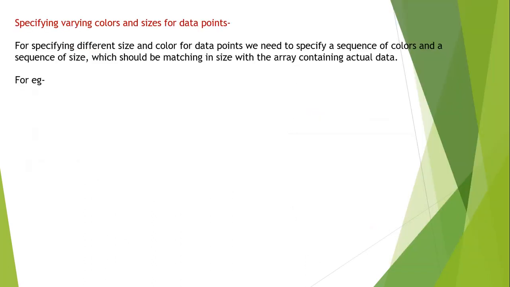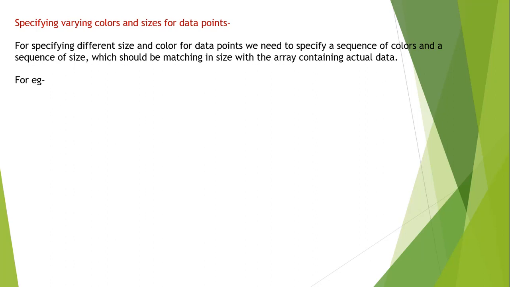Now, specifying varying colors and sizes for data points. You must have noticed one thing, that till now in whatever examples we have seen in the scatter charts, all the data points were in similar color. Means either all the markings were in blue color or all the markings were in red color. So what if we need the markings to be different in colors, and maybe different in sizes also?